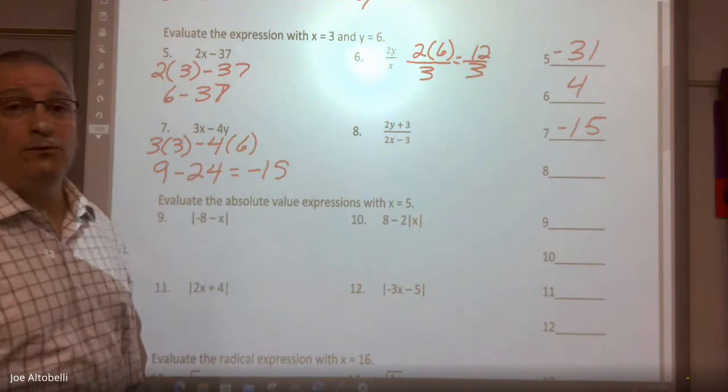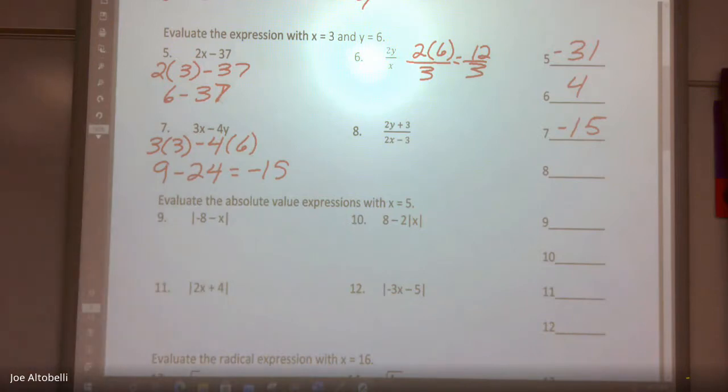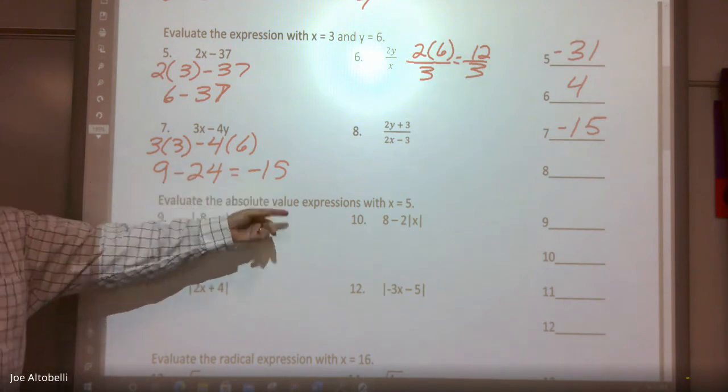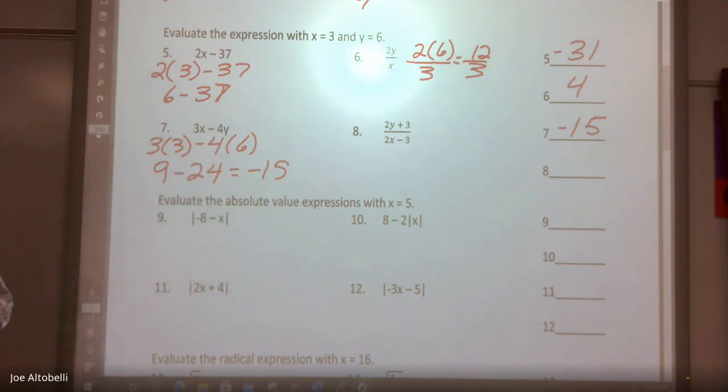If I start going too fast, please let me know and I'll slow down. 9 minus 24 is negative 15. Okay, number 8.